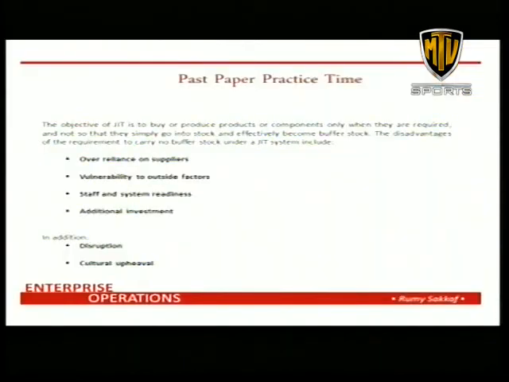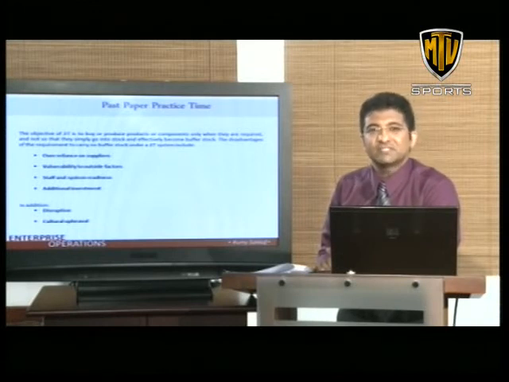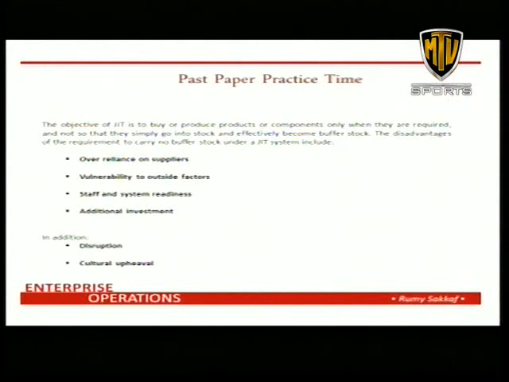And also the cultural upheaval, that is, how the just-in-time culture is going to be adapted by the employees inside the organization. Are they ready to adapt to it? Or in other words, how organizations are going to face the JIT system. These are the basic disadvantages pertaining to JIT.